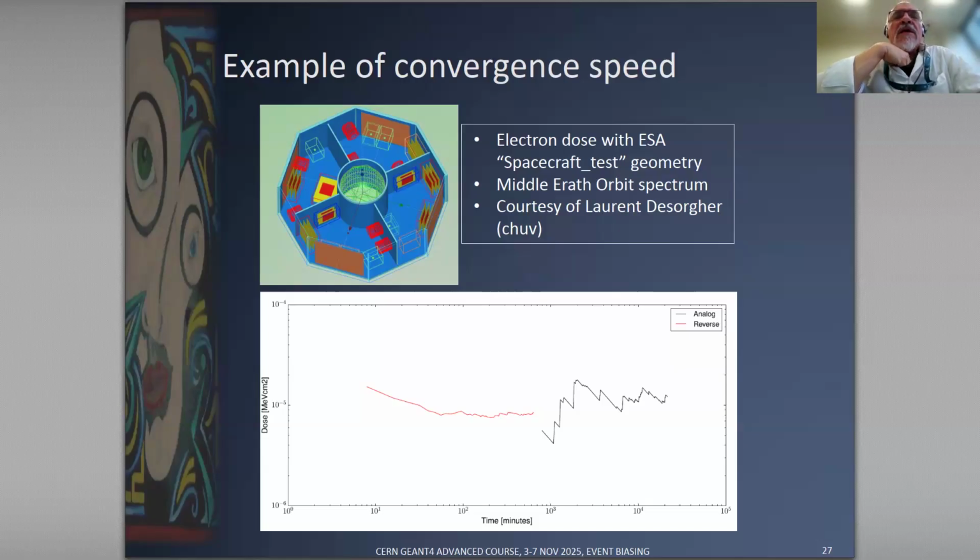With the reverse Monte Carlo in red, you quickly converge to some value in a few hundreds of minutes. For the analog simulation, the standard one, even with 100 times more simulation, you are still far from convergence, and you still don't know what dose you have in these red parts. So next slide.